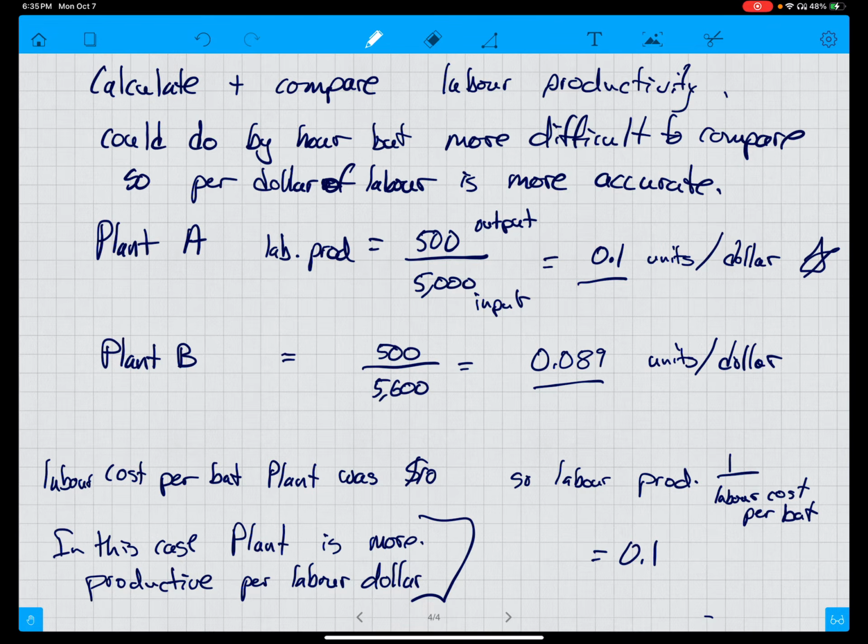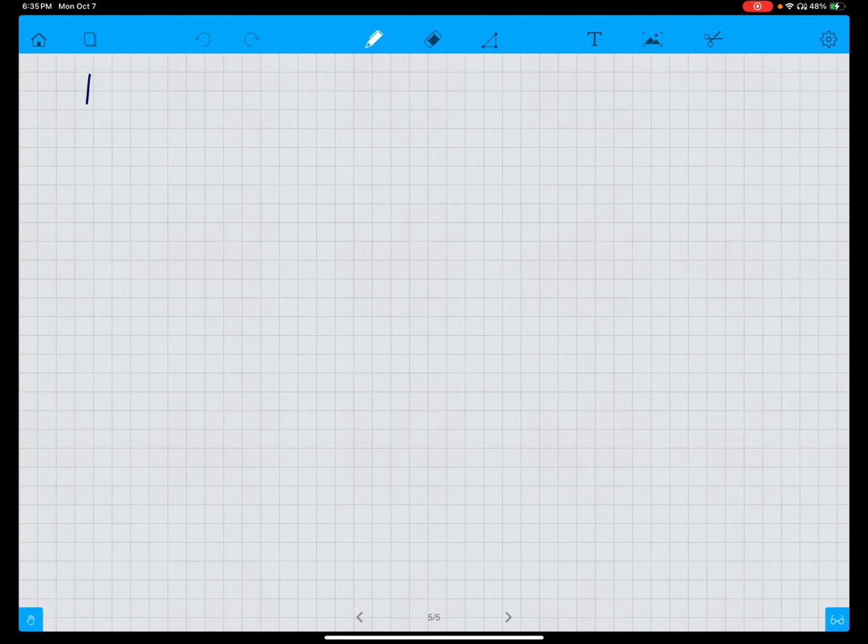So the next thing we can look at is what's called multifactor productivity. And for multifactor productivity, we look at all of the factors that we're putting into production because sometimes we might have good labor productivity, but we have more expensive materials or whatever.